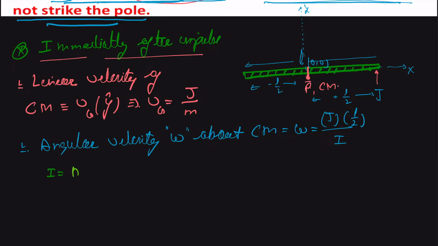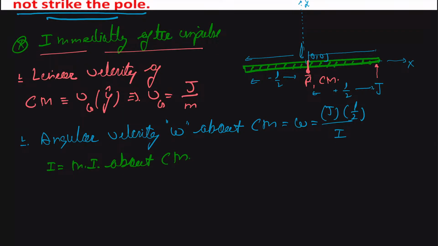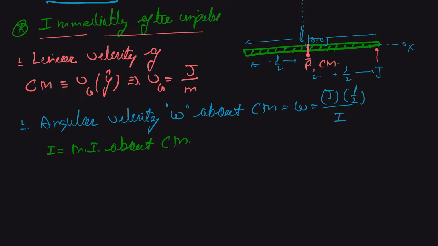I is the moment of inertia about the center of mass. For the sake of convenience, let us define a ratio k, equal to the velocity of the center of mass divided by omega.